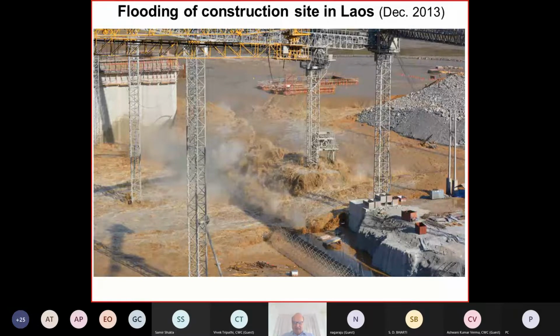And at that time, the coffer dam here protecting the dam site, which was under construction, which was also modified, was built assuming that in the dry season the water level would be low. It overtopped this coffer dam and flooded the construction site, about 20 meters of water. And you see, of course, it brings in muddy water.